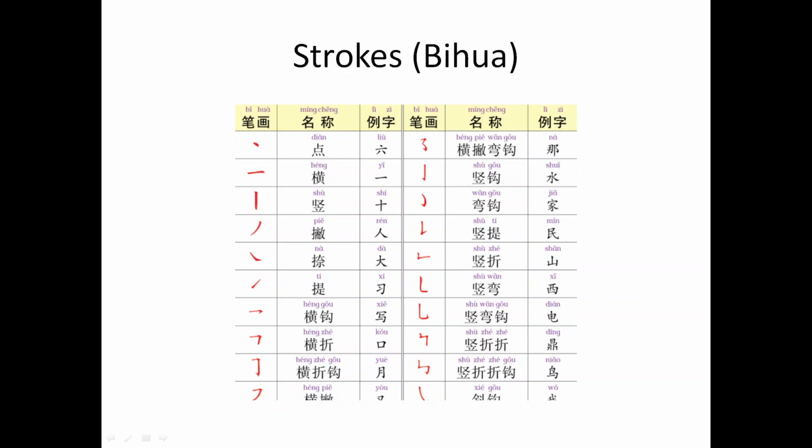There are dozens kinds of Chinese writing strokes. For example, dot or dian. In this word, and horizontal, vertical strokes in this word.